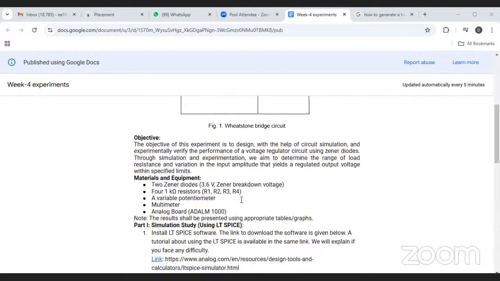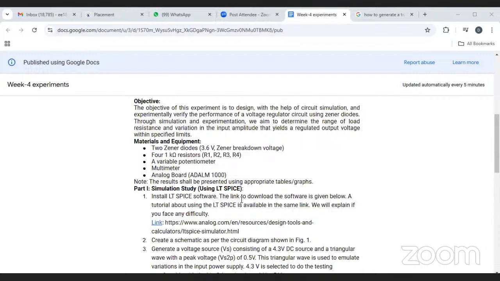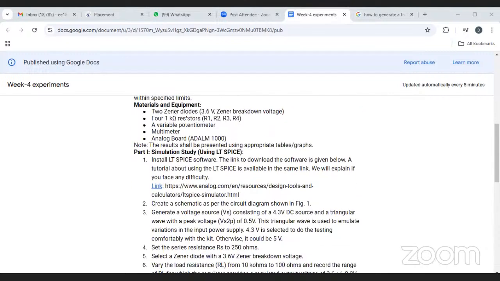That is the objective. Now, the materials and equipment: you will need two Zener diodes, a one kilo ohm resistance, one variable potentiometer, a multimeter, and the ADLM 1000 kit that you have already been using for the last three experiments. Now here we have introduced the use of a simulation tool. This is the LTspice software.